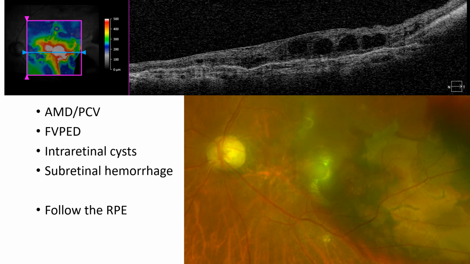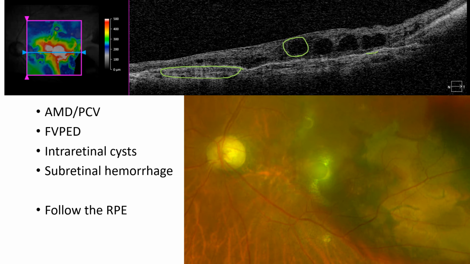Here's a very complex OCT scan in a patient who has exudative AMD or more likely polypoidal choroidal vasculopathy. On the B scan, nasally, you can see the fibrovascular PED. You can also see intraretinal fluid or cysts, and then there's subretinal hemorrhage temporally.